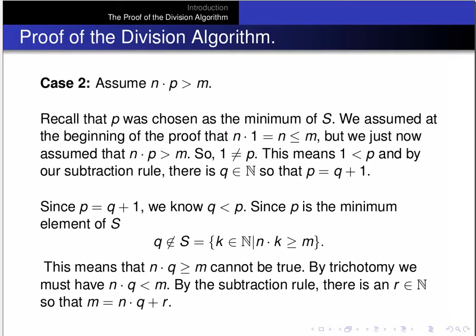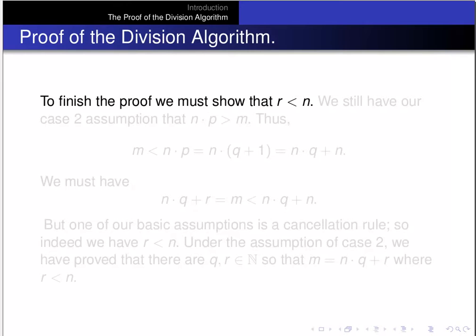Now this is exactly the form of the second alternative in our statement of the division algorithm. There's just one more thing to prove here before we can say we're done. We know that m is equal to n times q plus r in this case, but to finish the proof, we have to show that the remainder r is smaller than our divisor n. So let's do that.